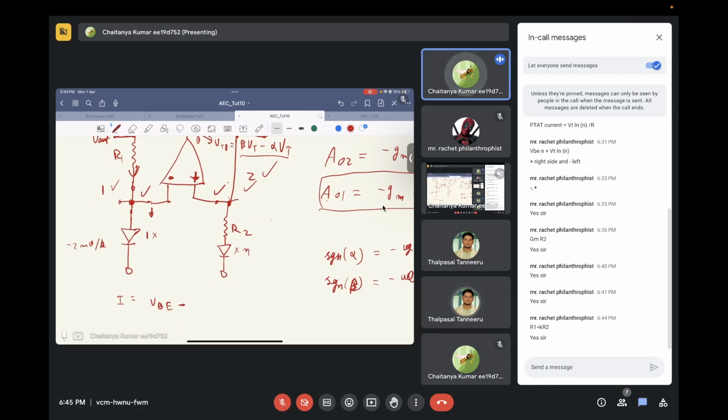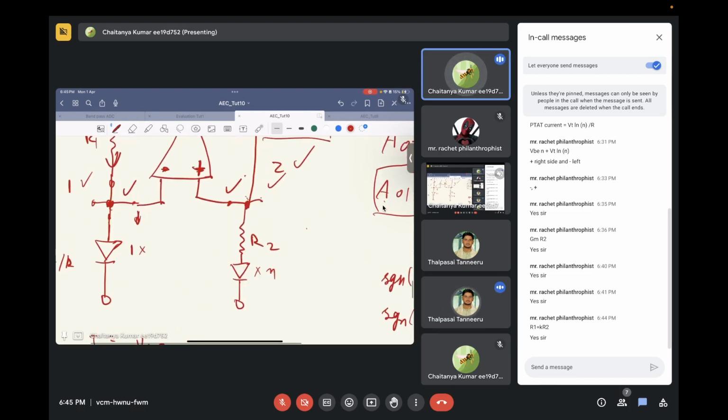Yes, but the positive and negative terminals of the op amp have to be at the same voltage, right? So if this is VBE, this node will also be VBE, correct?